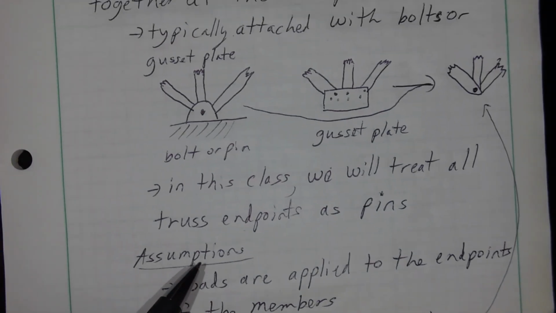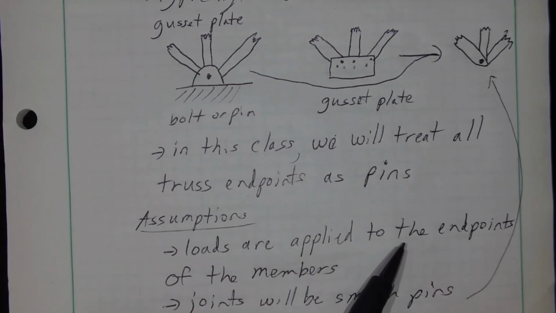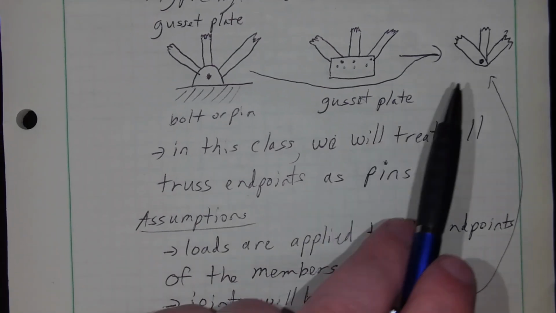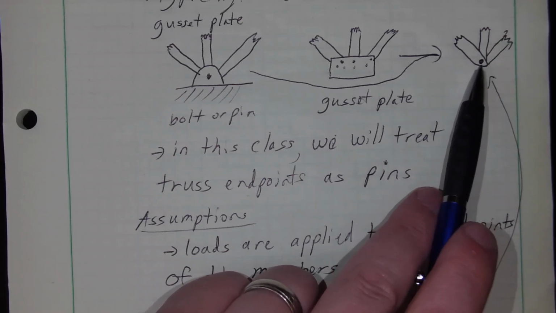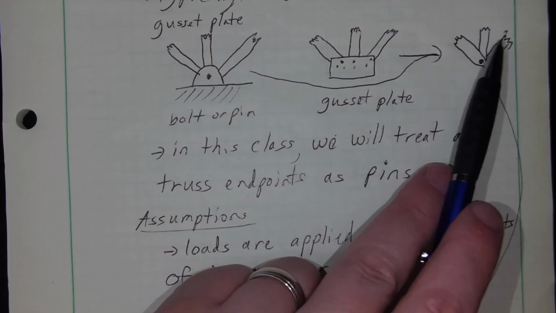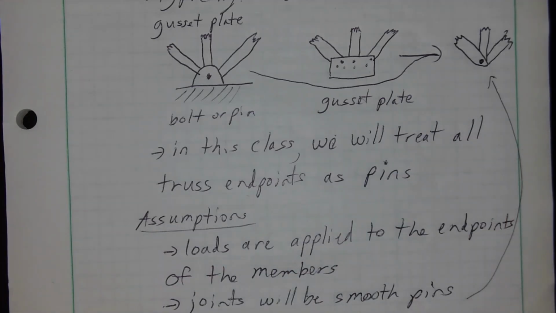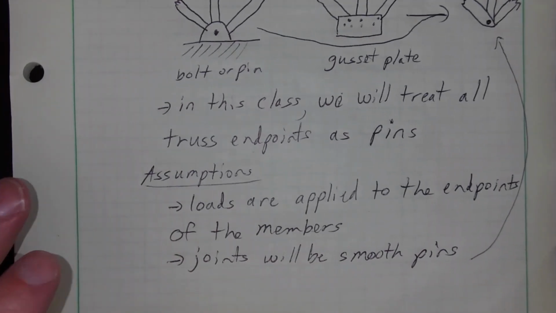All loads along each of the members are only applied at the endpoints. That's some sort of external applied load at this endpoint, or some sort of reaction at this endpoint, or simply the forces in each of the members themselves. All loads pass to endpoints.